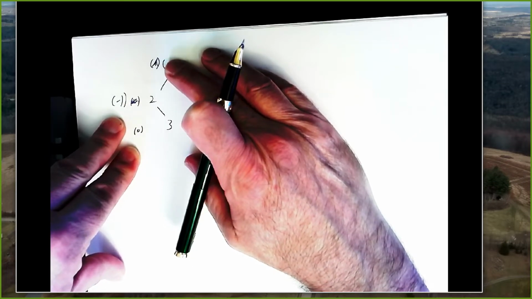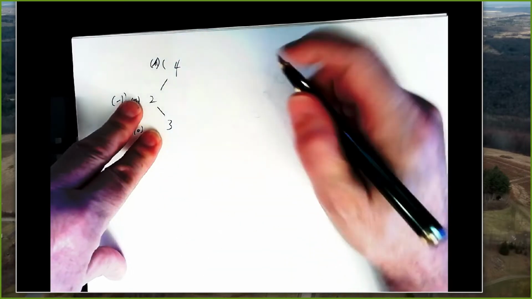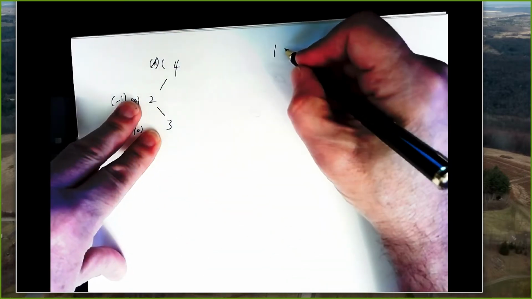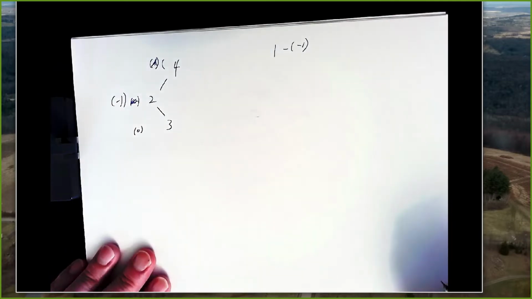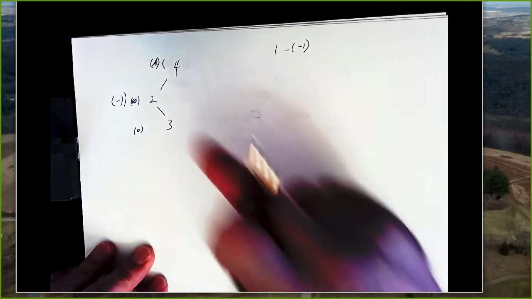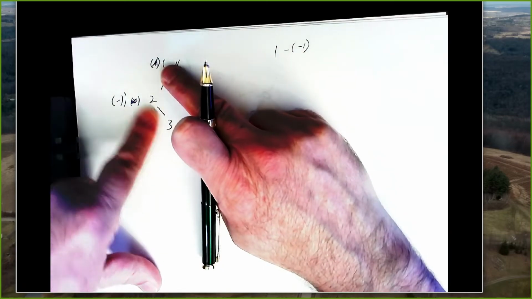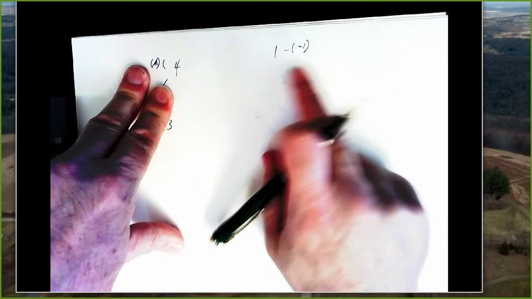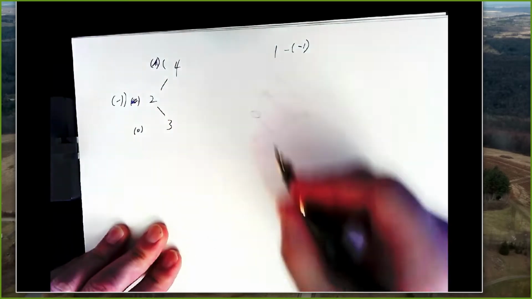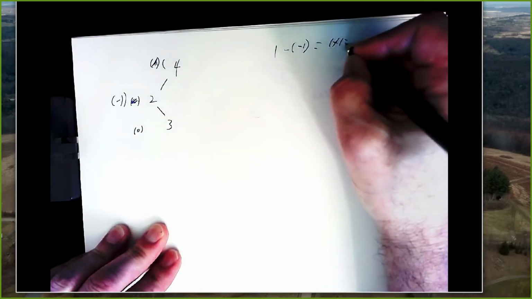The height of this tree is 1. The height of the right subtree, null, is -1. 1 minus -1 is 1 plus 1, which is 2.